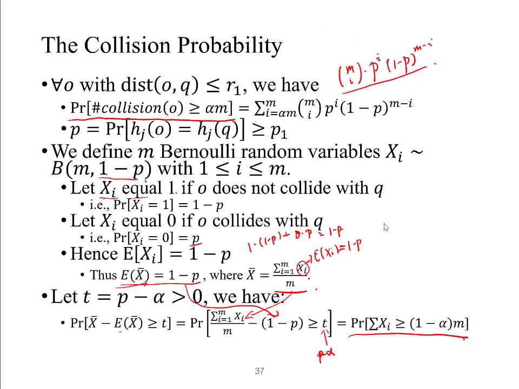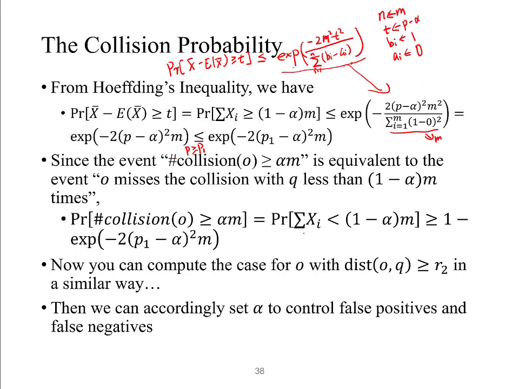So xi is actually O does not collide with Q. Then the sigma of xi is the total number of times O does not collide with Q, which is less than 1 minus alpha times m.